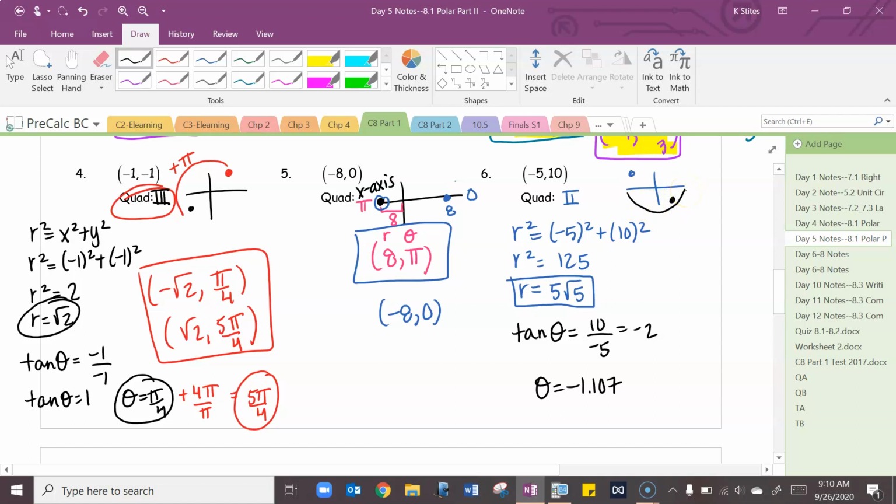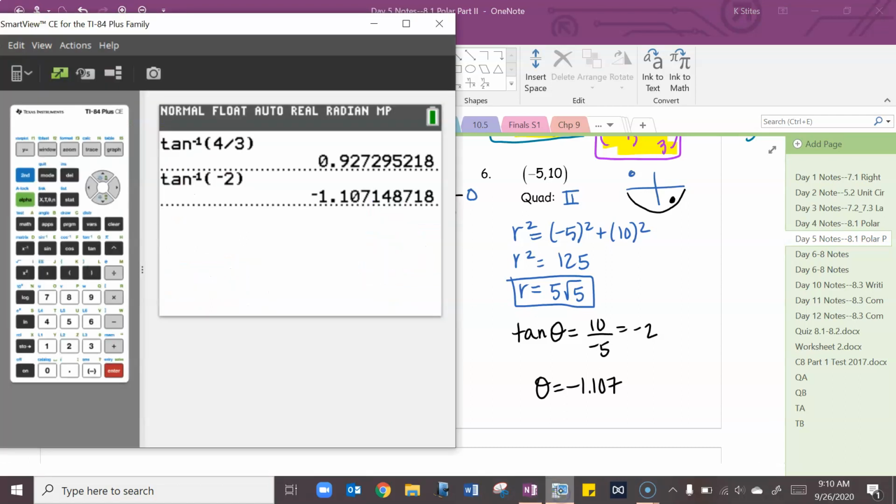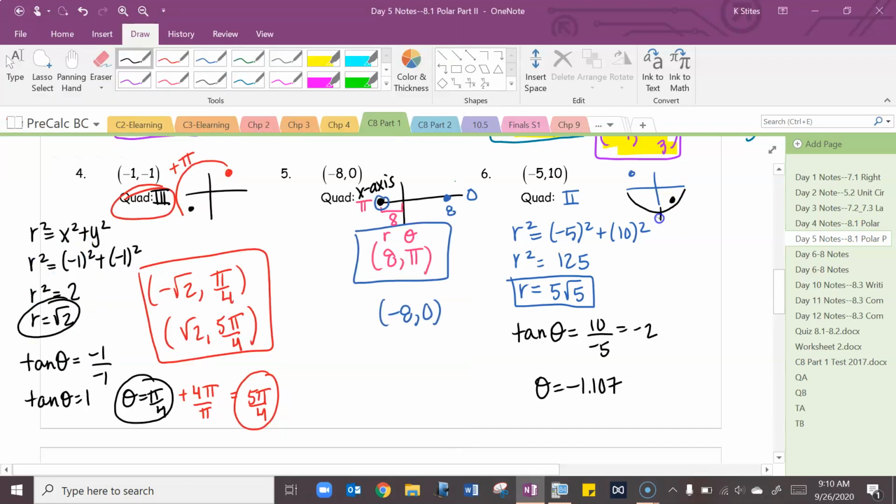Pi is 3.14, right? 3.14159. If you take pi and divide by 2, that's 1.57. So this guy right here would be like the -1.57, and negative 1.107 isn't quite that big yet. So you are in quadrant 4 for sure.